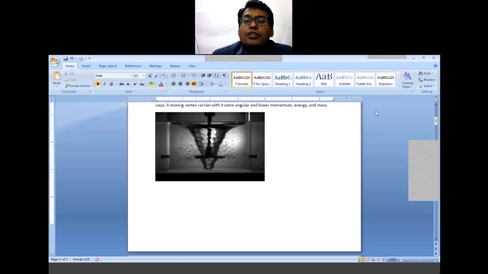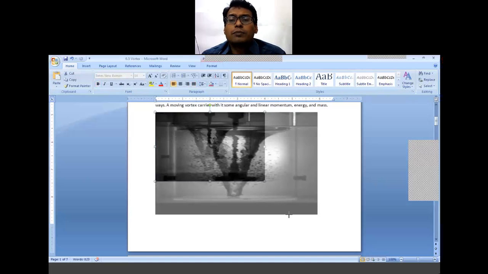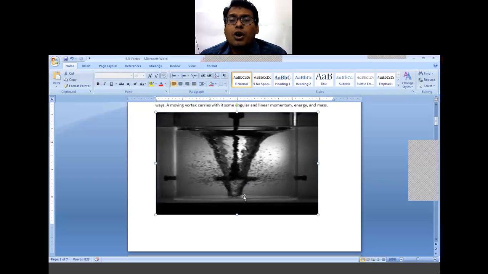Now in this case, the generated vortex goes up to the bottom section of this vessel, as you can see in this figure.